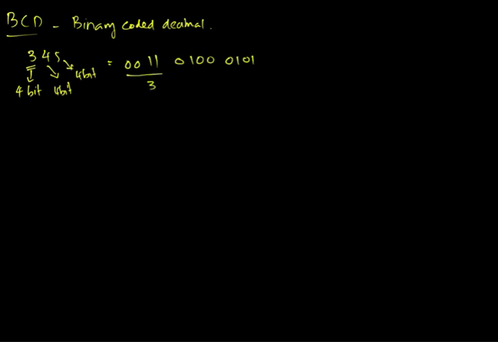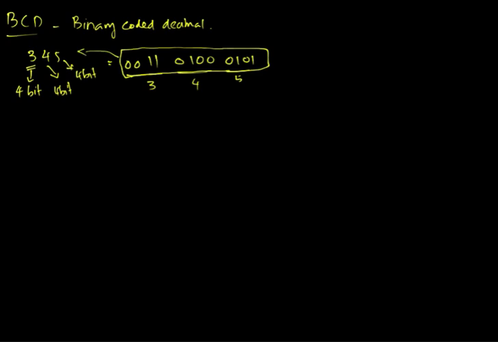So it is 3, it is 4, it is 5. Each digit in this decimal number is represented in binary format using 4 bits, and this is the BCD representation of 345.